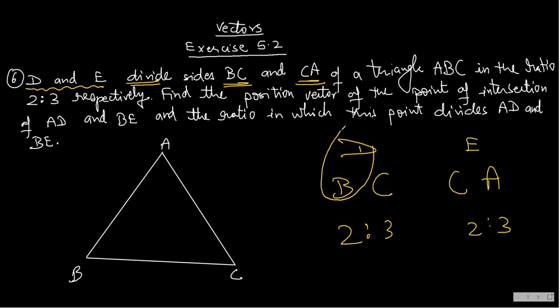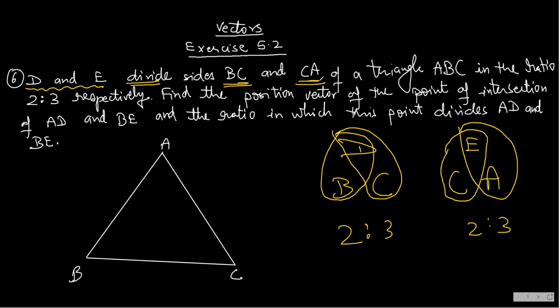So DB upon DC is 2/3, and EC upon EA is 2/3. So D is on BC such that D divides in the ratio 2:3. So this is 2 and this is 3.